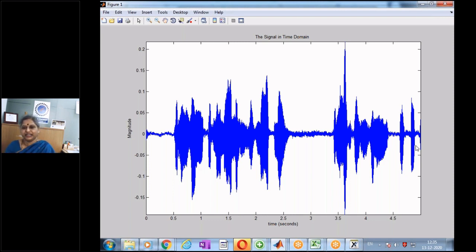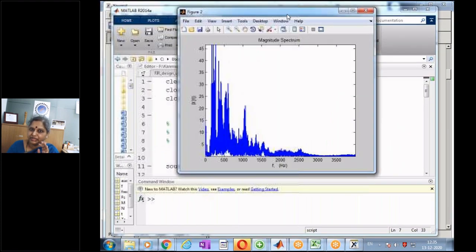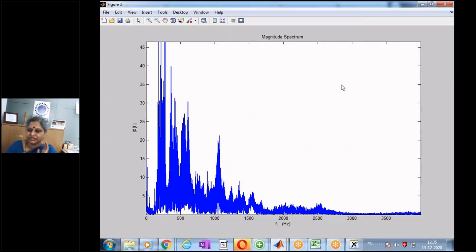As you can see, we cannot get any information from the time domain signal. Although we understand the time domain signal, by looking at it I cannot tell what frequency components are present in the signal. With a simple DFT command and mapping it to frequency, I am able to get the spectrum of the signal.